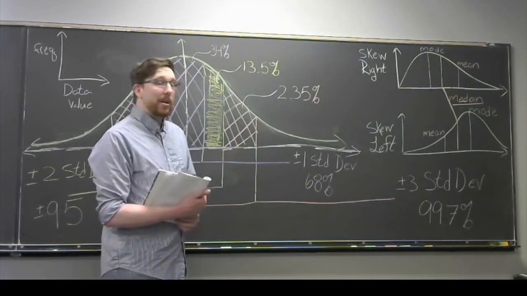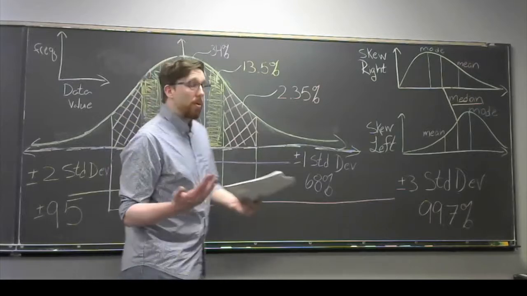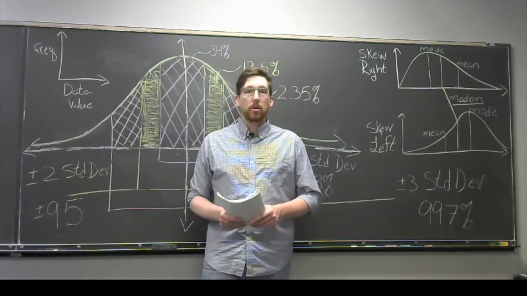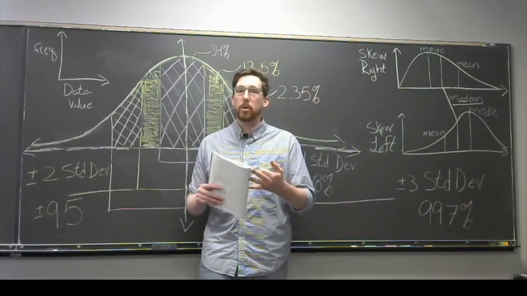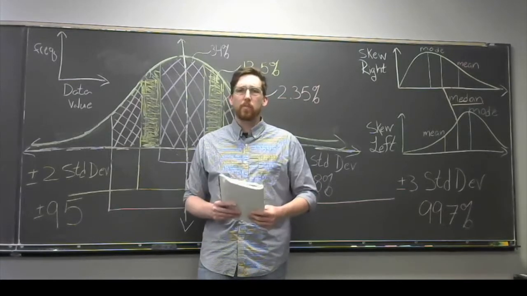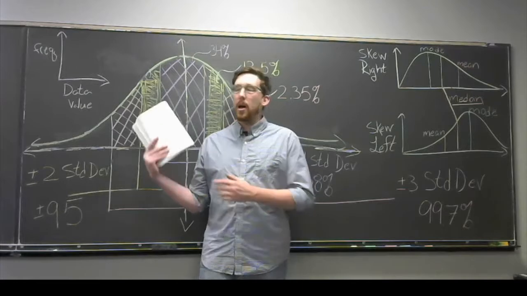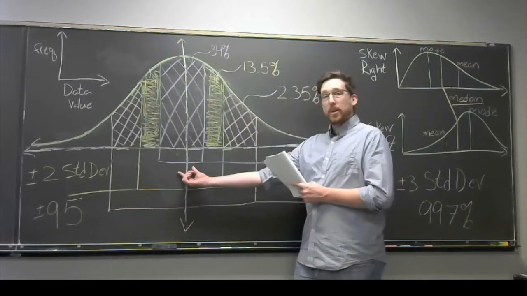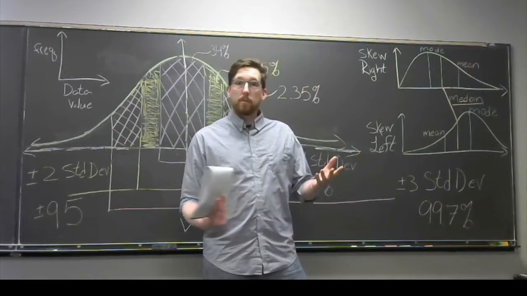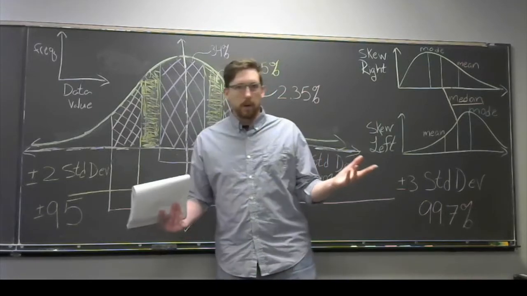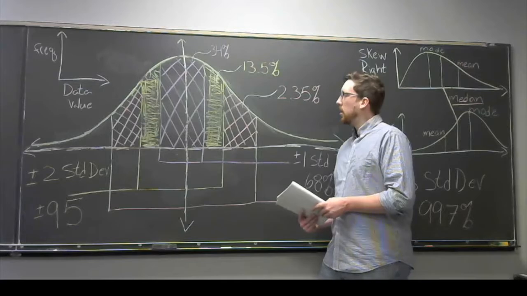Having said that, we could look at the mean, median, and mode, and we should be able to tell if our data is symmetric or skewed. The way we would do that is by comparing the mean, median, and mode.